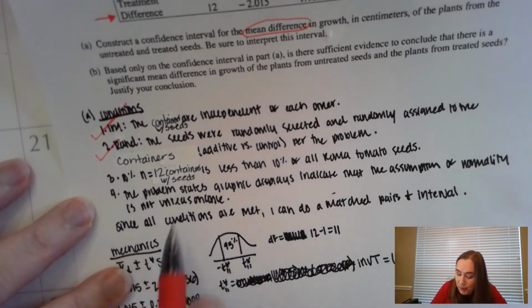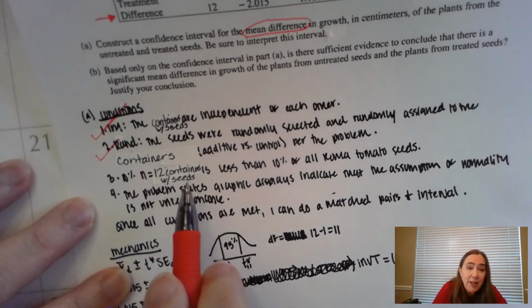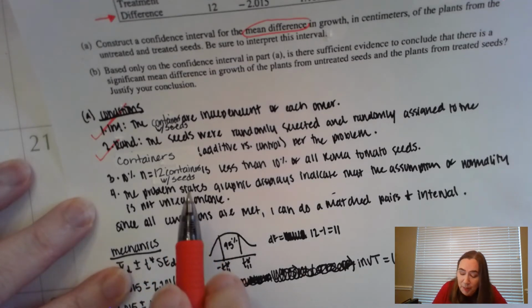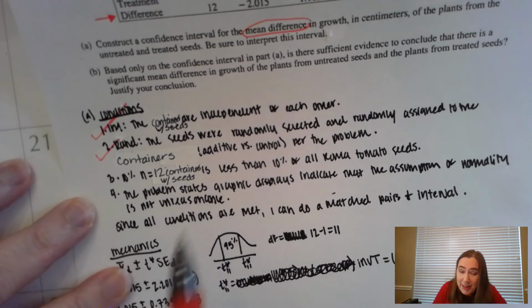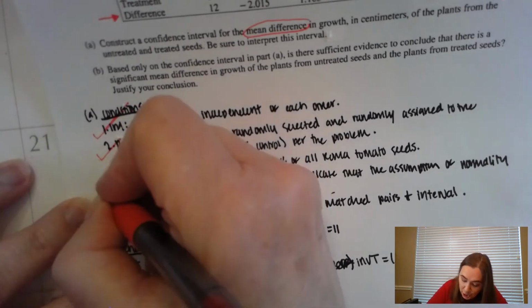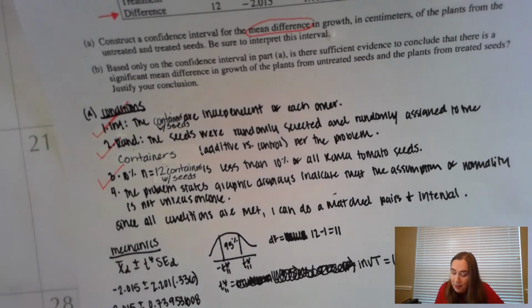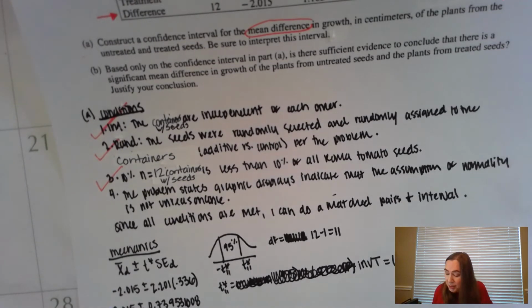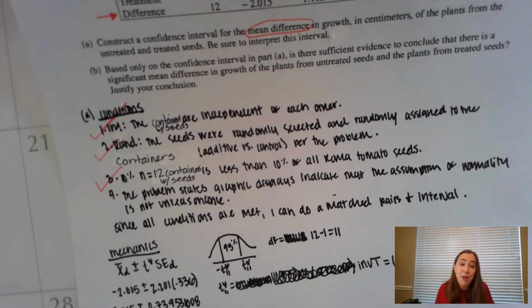12 containers with seeds is less than 10% of all containers with seeds. And the 24 Roma tomato seeds are also less than 10% of all Roma tomato seeds, but I'm going to base it on the treatment group, working with those seeds in the containers. Check. Number 4: the problem states that the graphical displays indicate that the assumptions of normality are not unreasonable.